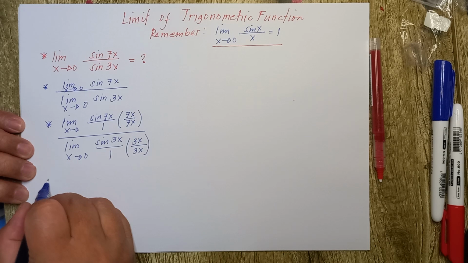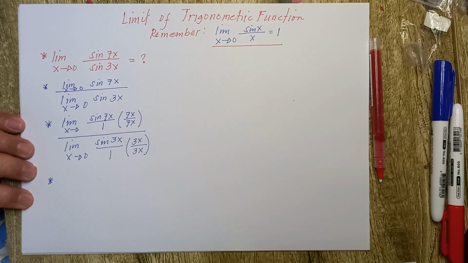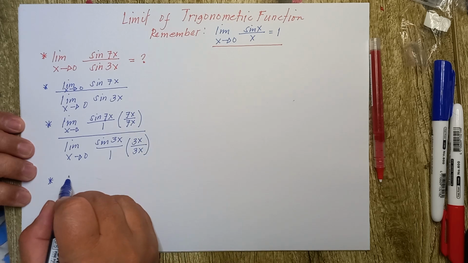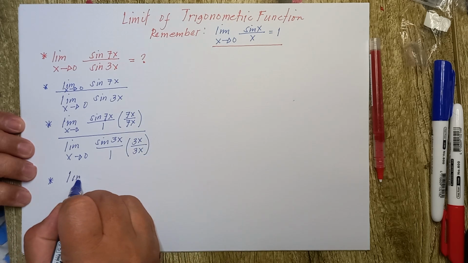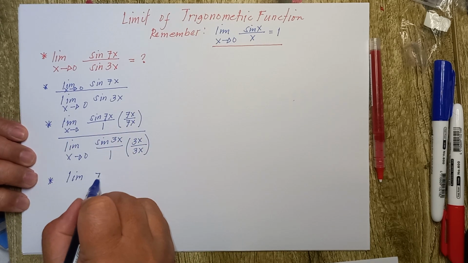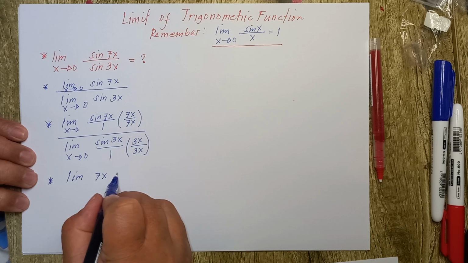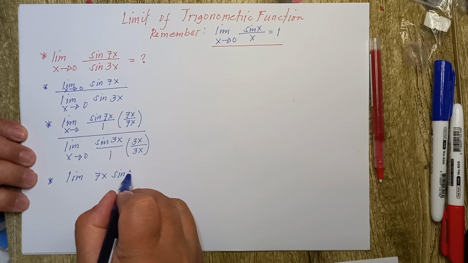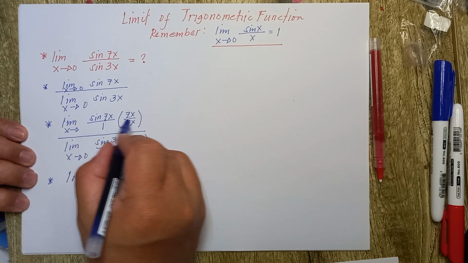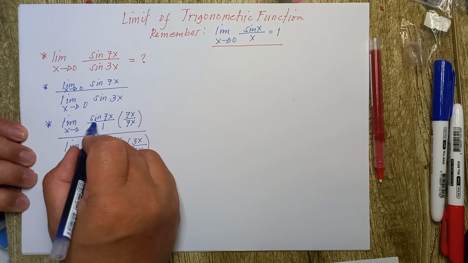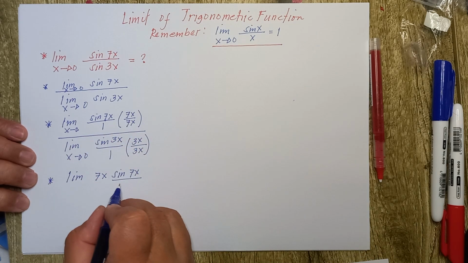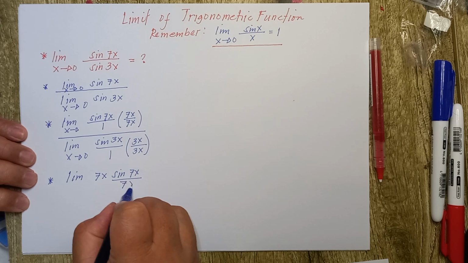Now with that, if we are going to multiply, we can have the limit of multiply, that is the same as 7x over sine 7x. So multiply this one, 7x multiplied by sine 7x, that is the same as 7x sine 7x, over multiply this one, that is the same as 7x.